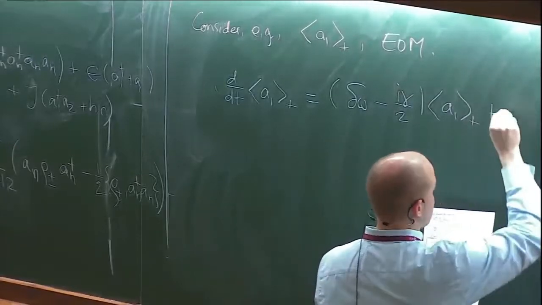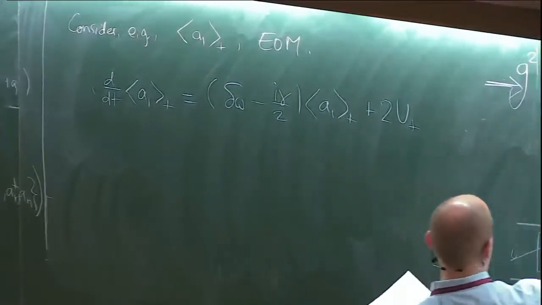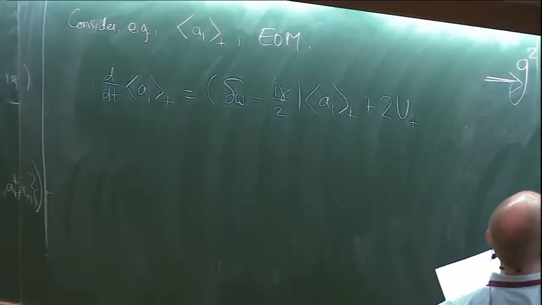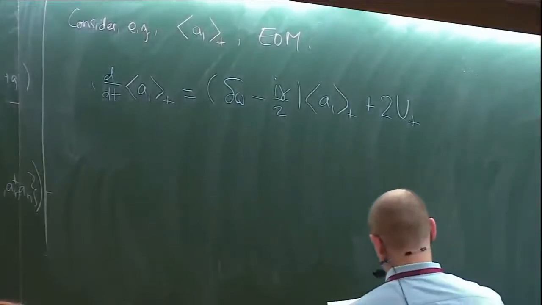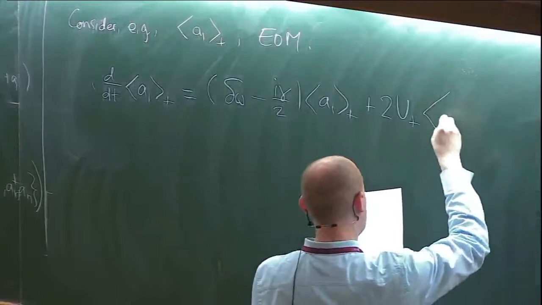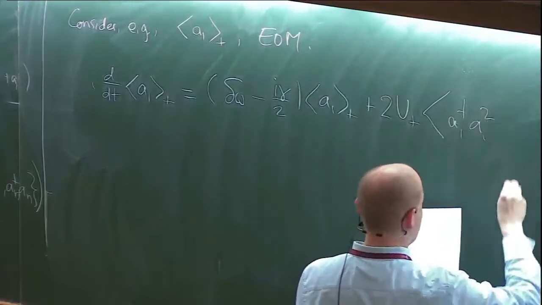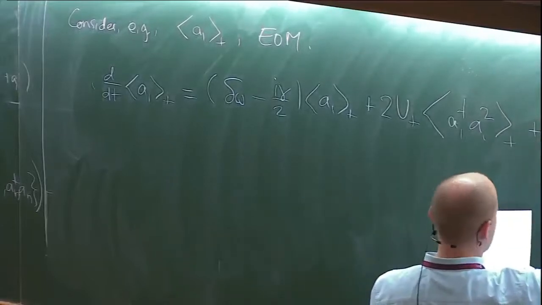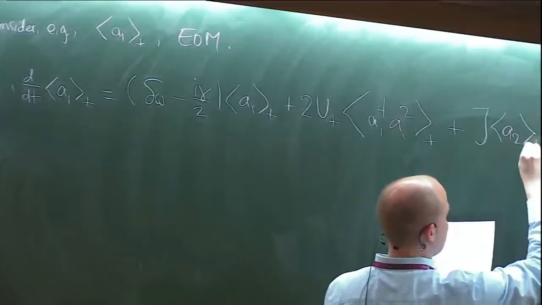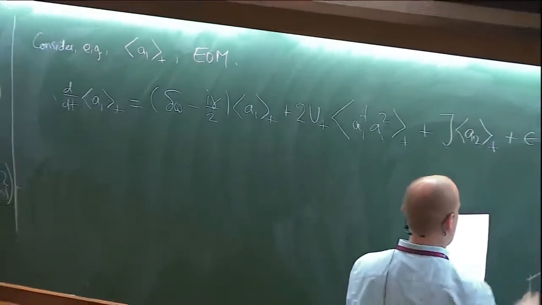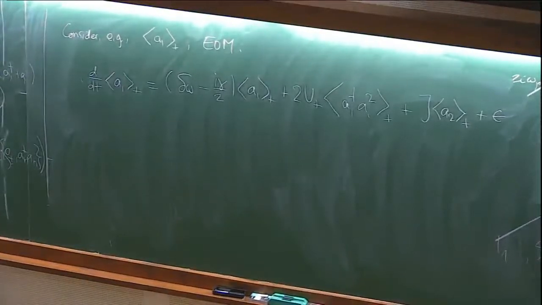Then comes the interaction term 2U plus A1 squared plus J. This is where the hopping comes into play, and then we have the contribution from the drive.